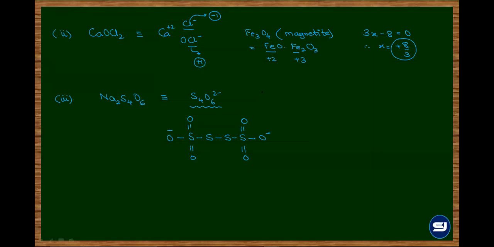Once again, if you calculate the sulfur oxidation number, it will be 4x minus 12 equal to -2. X will become equal to +10/4 or +2.5. Again, this 2.5 is the average oxidation number. The real oxidation number of the sulfur atoms would be 0 for the sulfurs which are not having any bond with another atom.